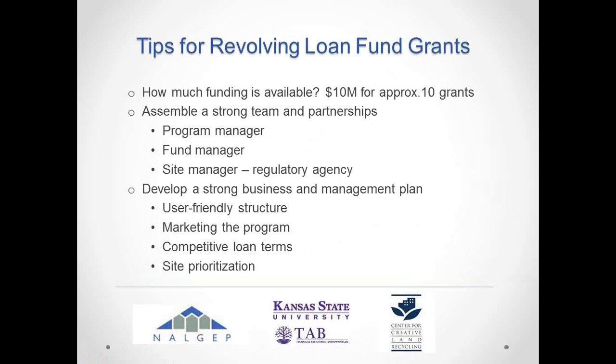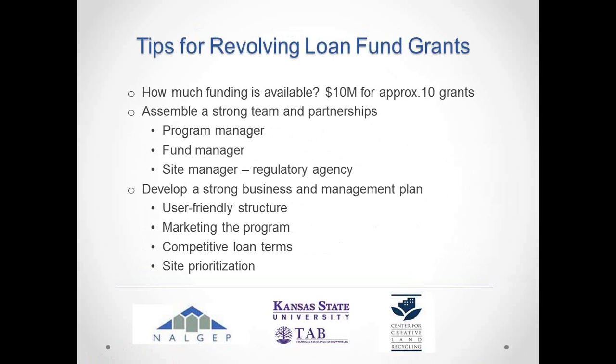And if you're interested in a revolving loan fund, it's a good idea to interview an existing grantee and a past grantee. And even a past grantee that gave their money back to EPA, it's a good idea to talk to them to see what their challenges were, why they decided not to pursue it.